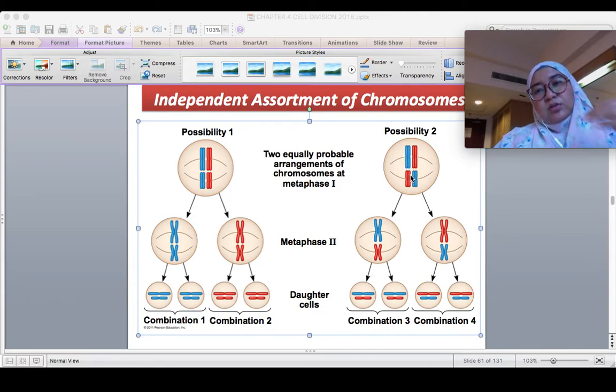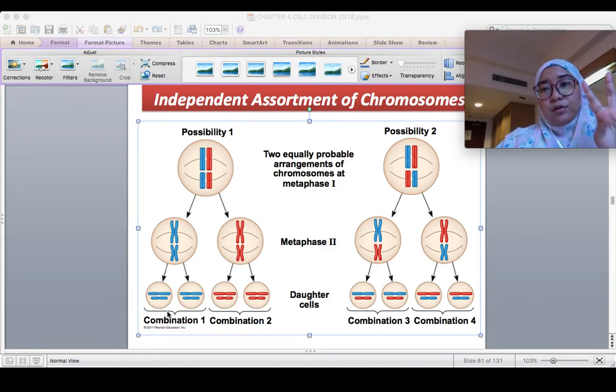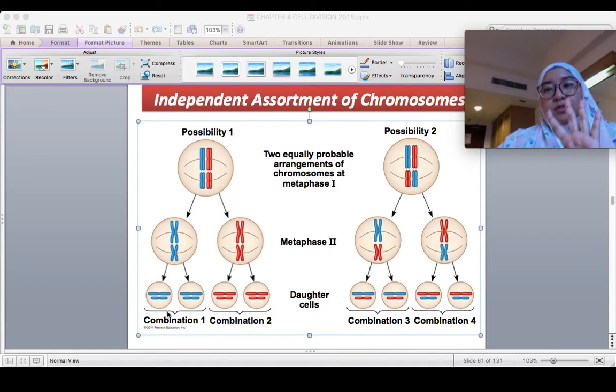So dia beratur tak sama kumpulan. Kalau ni dia sama kan. Ni lain-lain. Dia selang-seli. So we can have this combination. So dalam 4 daughter cell tu, each of the daughter cell may have different combination of the genetic material from father and mother.